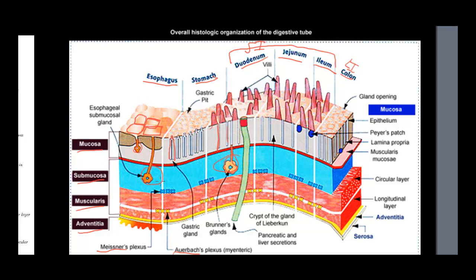The Brunner's gland is particular to the duodenum. If you're looking at histological slides, these are signals of where you are along the GI tract.